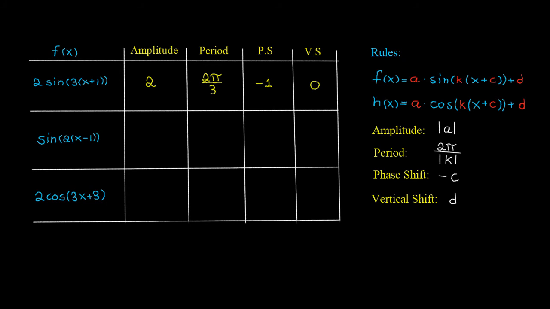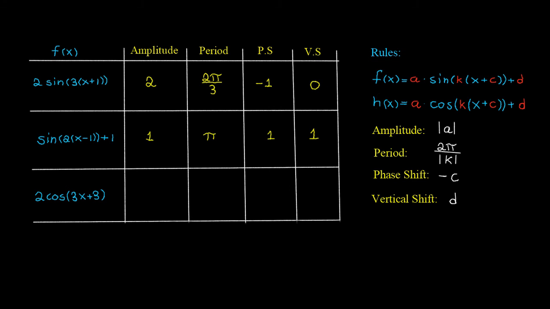And now we have it written in the way we want. And now we can quite easily, again with the help of the rules, determine the different transformation factors. The amplitude is going to be 1. The period is going to be 2 pi divided by 2, so pi. And the phase shift is going to be, let's see, c is -1, so the phase shift must be the negative of that, that is 1. And the vertical shift is 1 here.